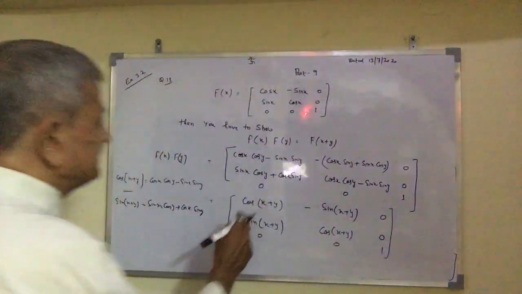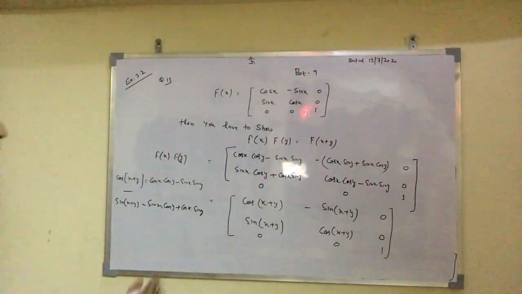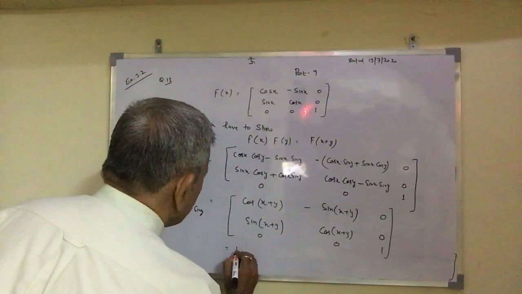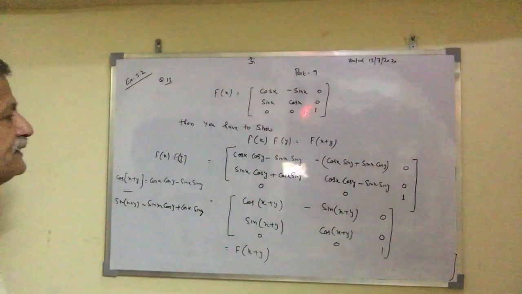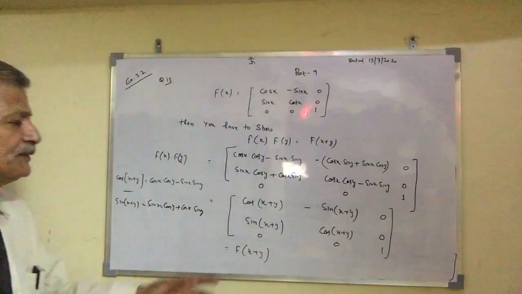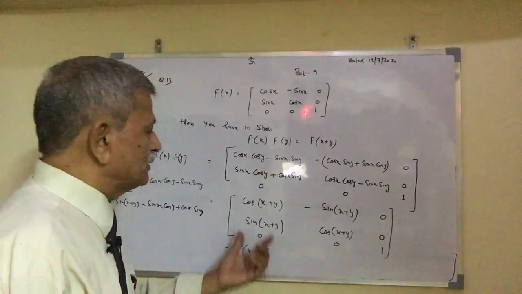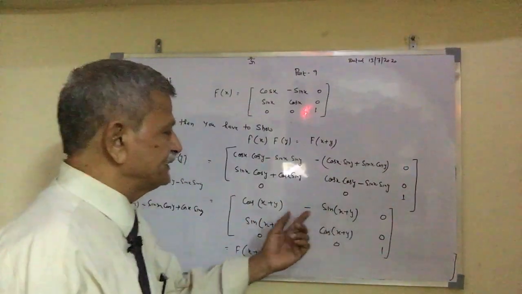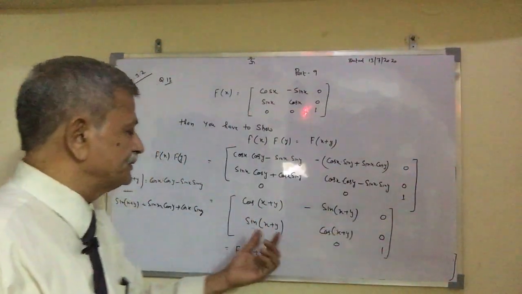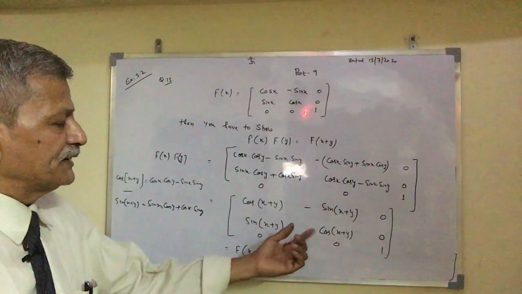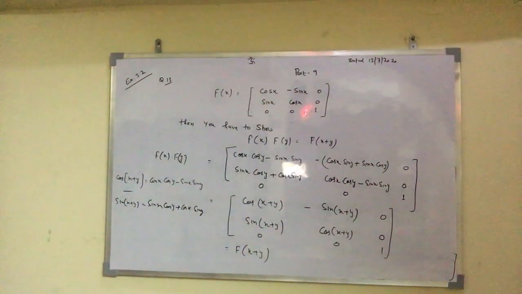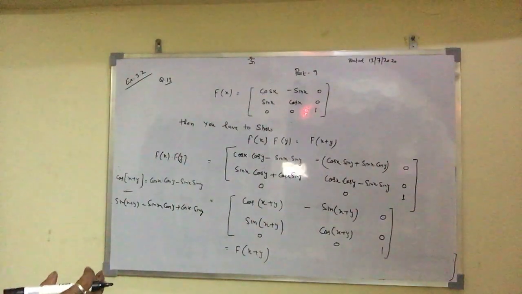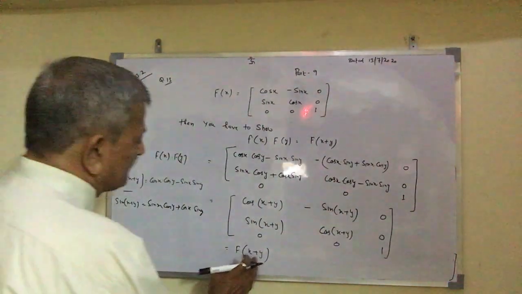Now if you judge this matrix, it will be f of x plus y, which is your right hand side. If you calculate f of x plus y, your value will be cos of x plus y, minus sin of x plus y, 0, then sin of x plus y, cos of x plus y, 0, and 0, 0, 1, which is the same as the value of f of x plus y.